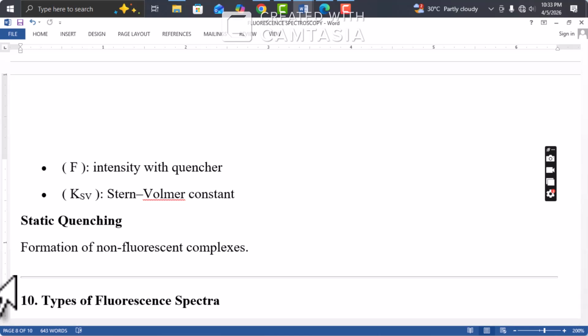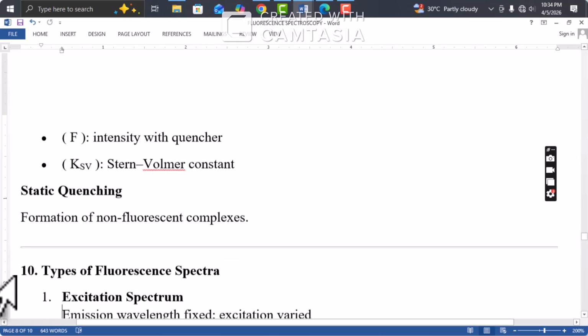Maybe there's an impurity and that impurity leads to formation of complexes that are non-fluorescent, then you have quenching. Or let's say there's a reaction, and when A attaches to B, the product formed is non-fluorescent, then you can call that static quenching.